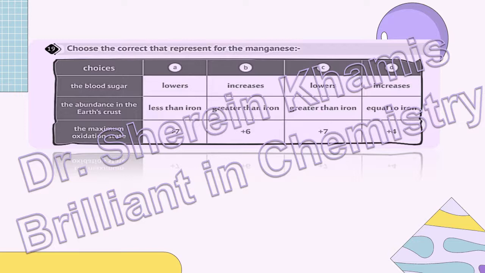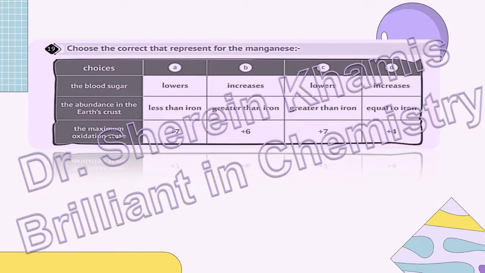Okay, yes, it's one of our choices, but also in the presence in the earth's crust, or the abundance of iron, will it be greater than or less than manganese? Okay, here manganese has an effect in the medical field, that it lowers the blood pressure.